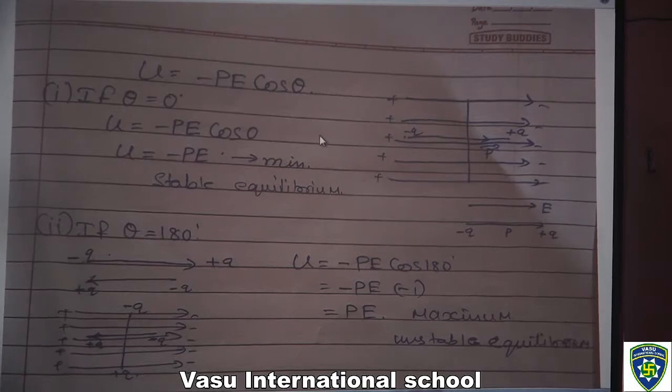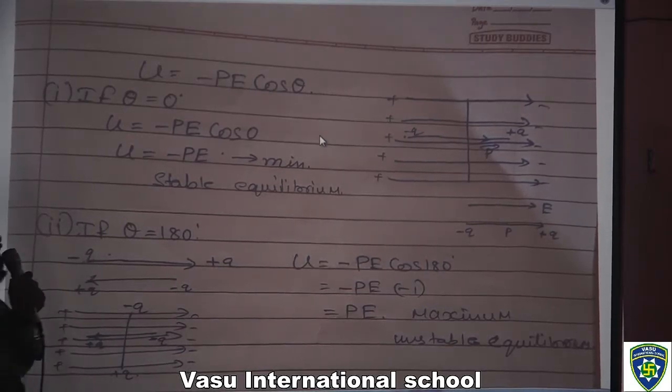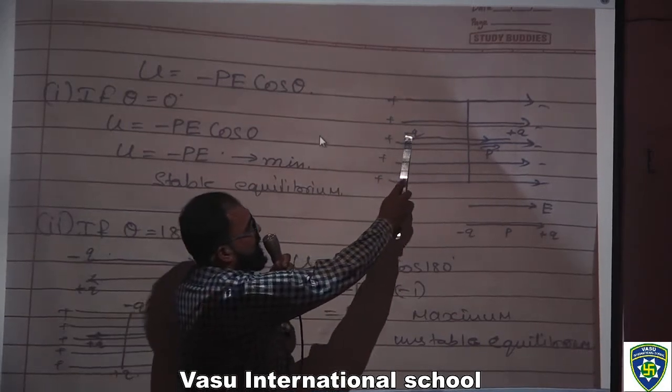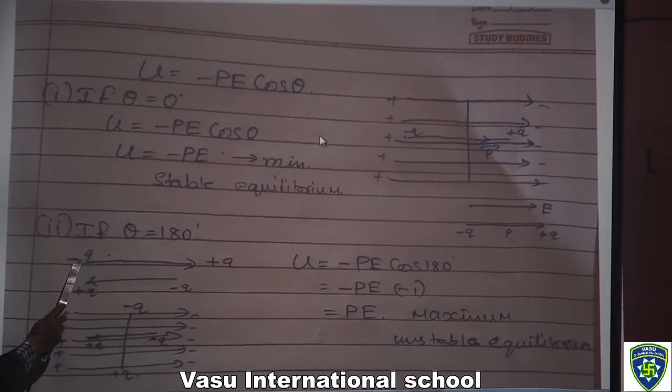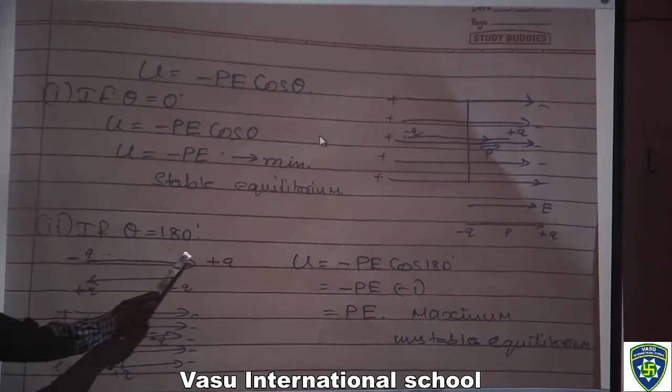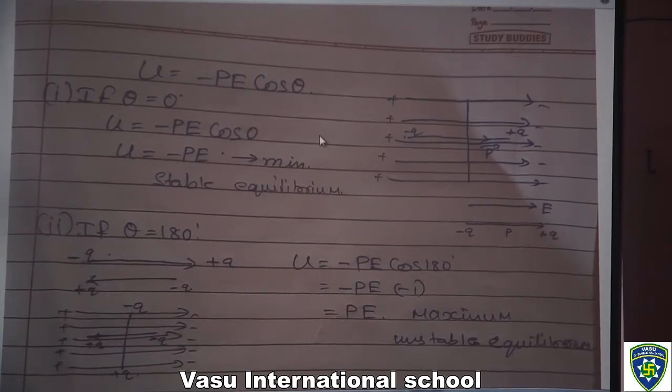Now third, if theta is equal to 180 degrees. 180 degrees means it will rotate completely, so plus becomes minus and minus becomes plus. So here it is shown, minus q and plus q interchanged. One is the electric field and another is the dipole.